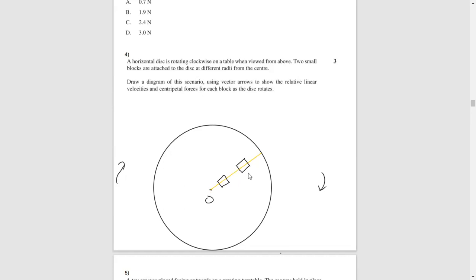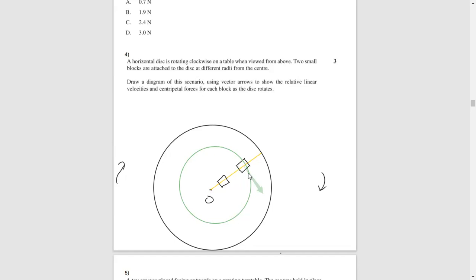So if you think of this as a circle, basically, they're undergoing their own circular motion. It won't be very easy to draw a concentric circle here, but you can think of it roughly like that, which means, of course, that the velocity will be going in that sort of direction.